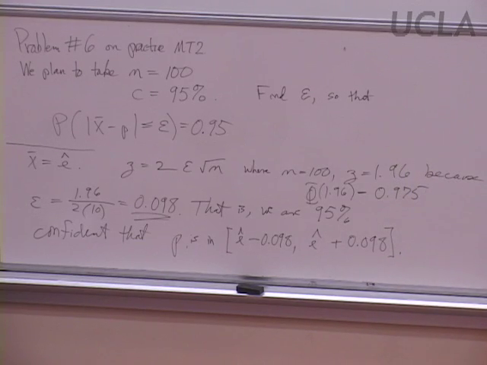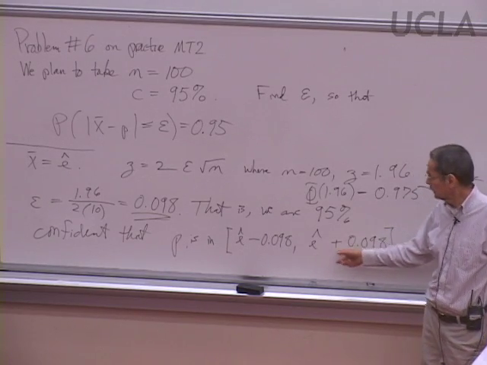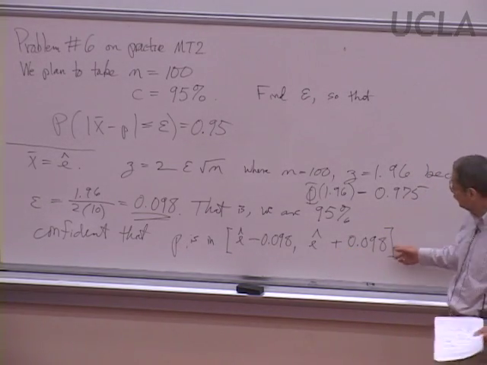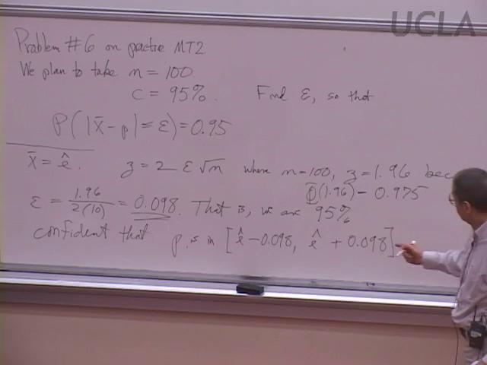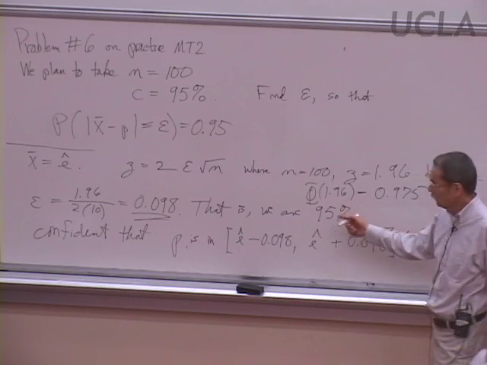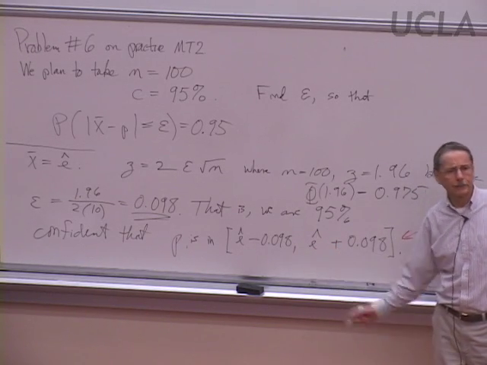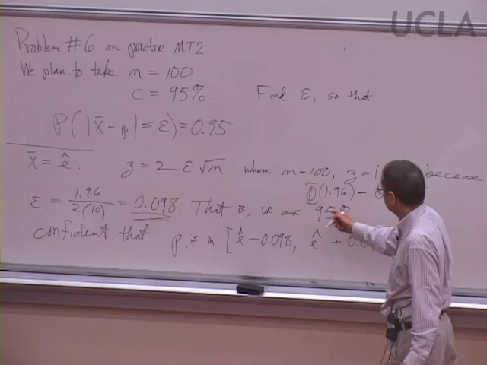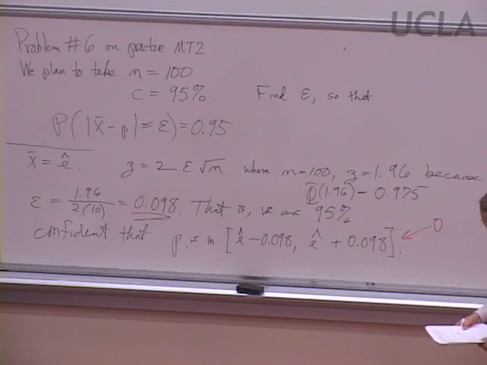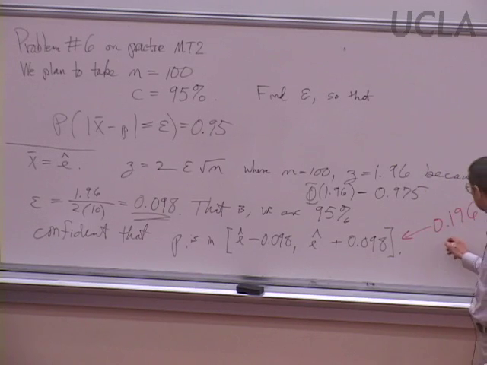And that's sort of just rephrasing what we've said. We're going to get some estimate for the disease prevalence, and we'll be 95% sure that P is in this interval. The length of this interval is just 2 epsilon. We don't know the center yet because we haven't done the study. But it's okay, 2 epsilon is a bit less than 0.2. Well, it's 0.196.